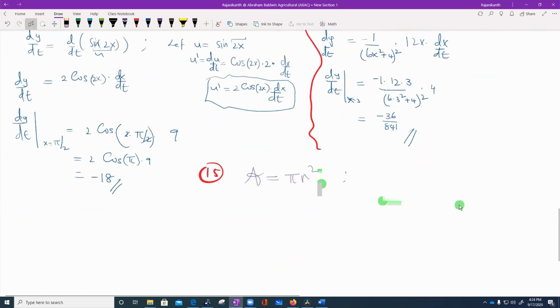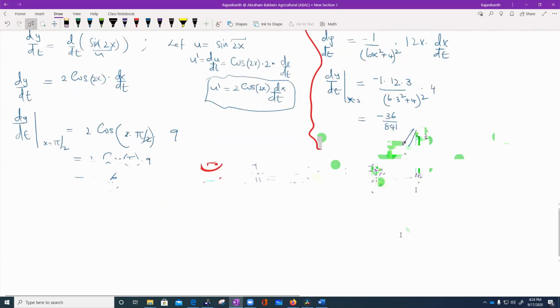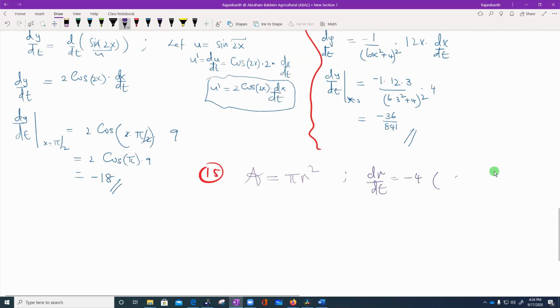Therefore, the rate of change of the radius with respect to time is now -4. This negative sign comes because the radius is decreasing. Every minute the radius decreases by 4 centimeters, so that is why we have a negative sign. If it were increasing, you would put +4.